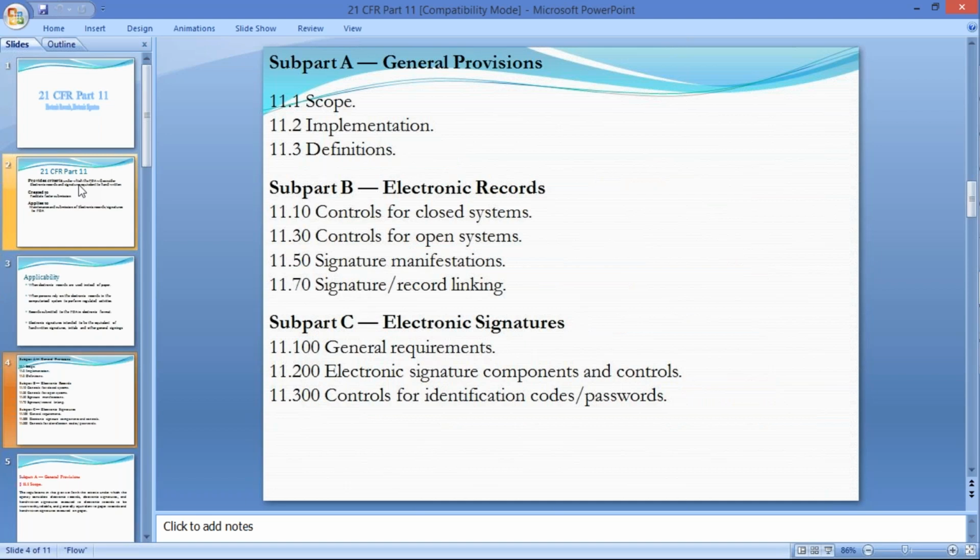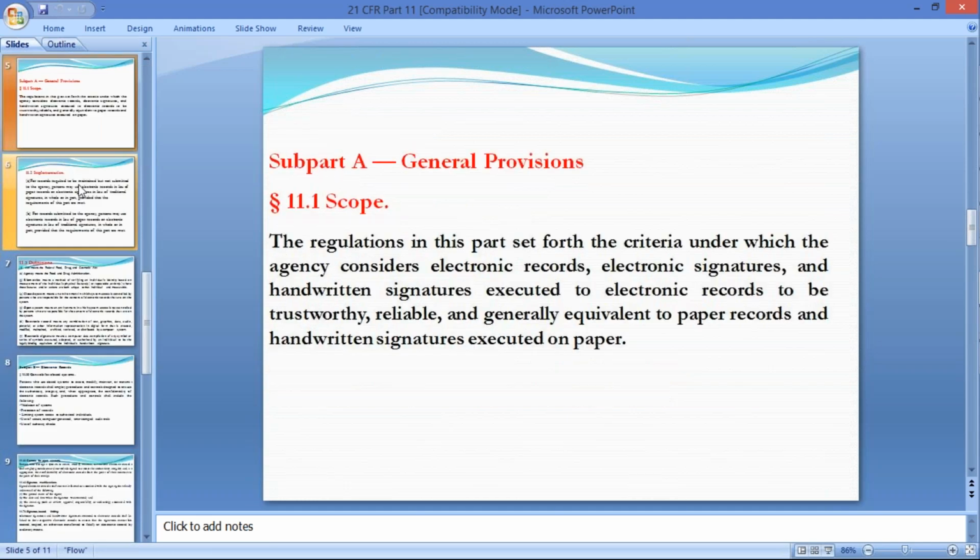So we have three subparts here. Subpart A, general provisions. Subpart B, electronic records. Subpart C, electronic signatures. Okay, so 11.1 scope. In the general provisions, first we'll discuss scope.